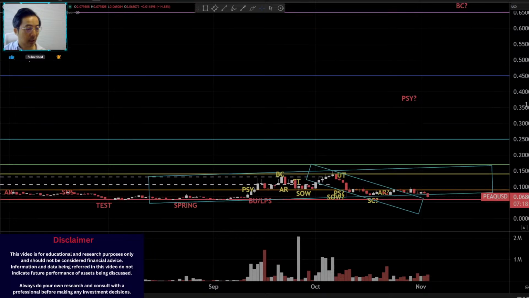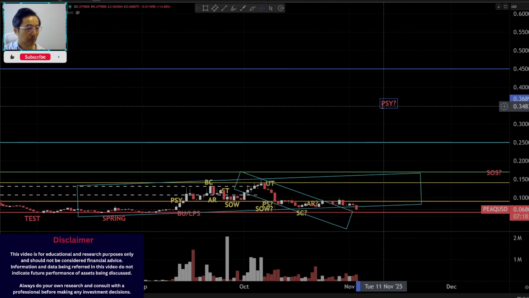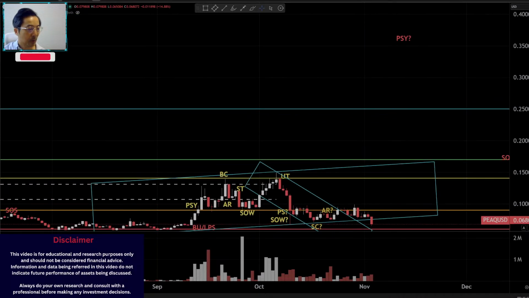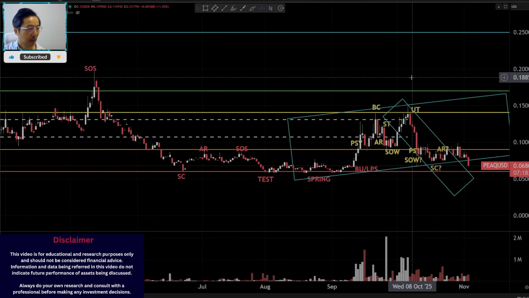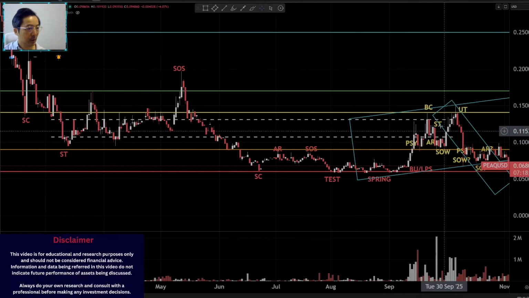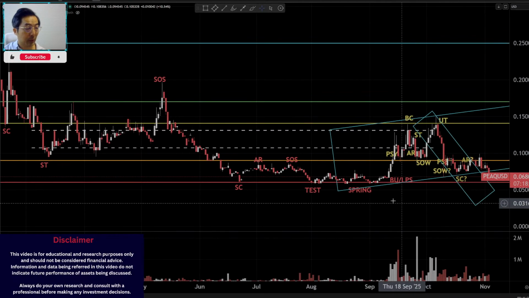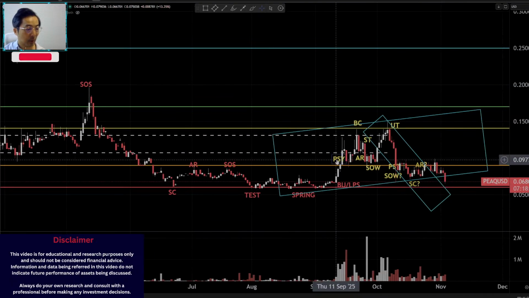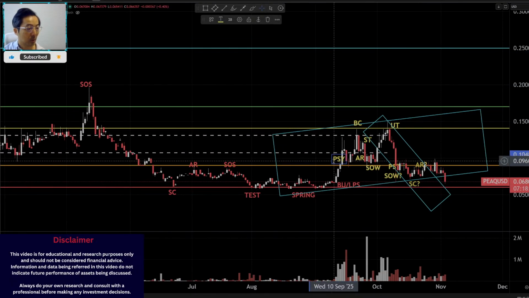So back to the daily chart Wyckoff stages. Previously we put up these tags, asking ourselves, would this be a mini distribution within the bigger context that we talked about in the weekly chart?